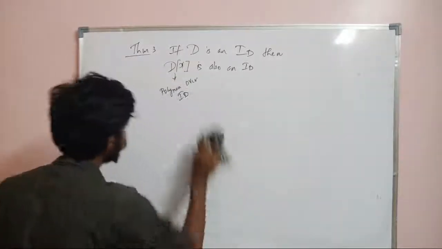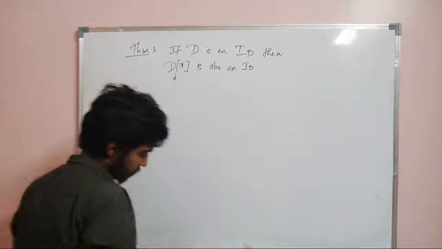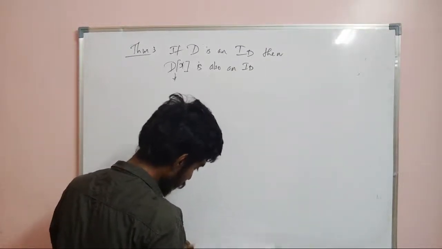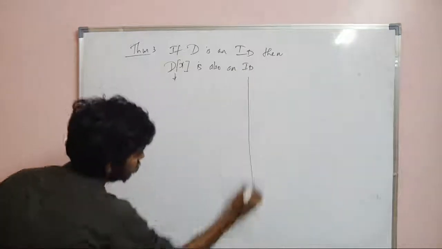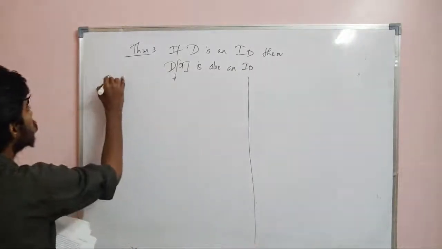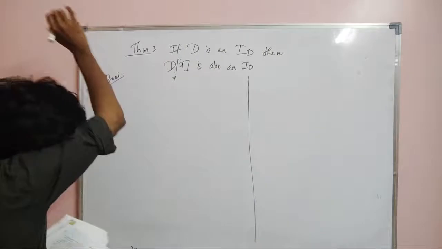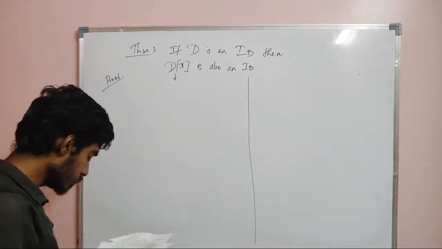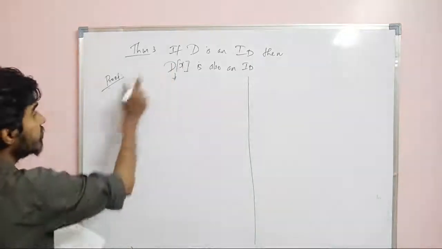This is the one we need to prove. So we will prove it. Proof: let D be a commutative ring without zero divisors with unity element. So I am assuming that D is an integral domain.